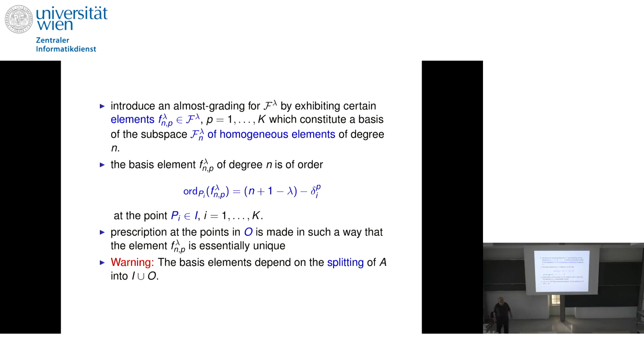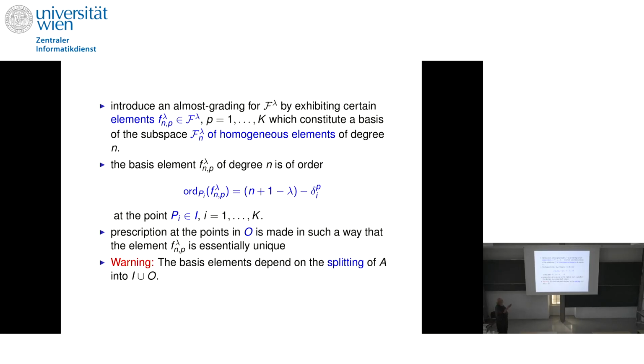Very good question. The point is, the algebra is always the same. This big F is always the same. But the grading will be different by a different splitting, by an essentially different splitting. Essentially different splitting means it's not just a switch of the roles of I and O. Exactly. No, sorry, then I answered you incorrectly, because I had in mind that you say the dimension of the f lambda n.